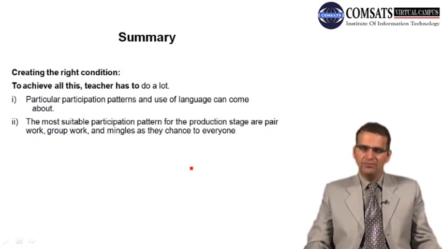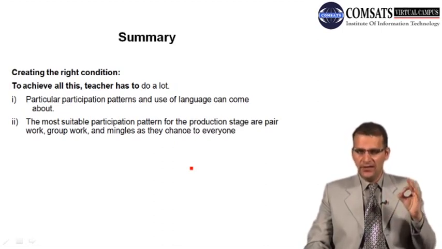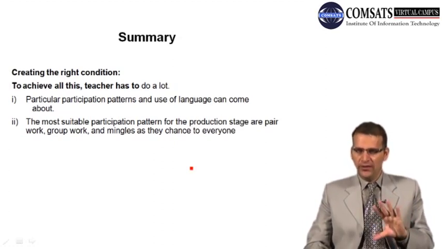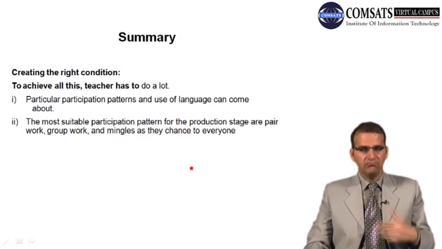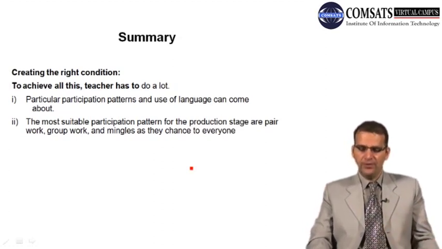A good environment is very important for the production stage. If students are provided the right environment, with no stress or pressure on them and no physical barriers around, then obviously they can produce well, right?